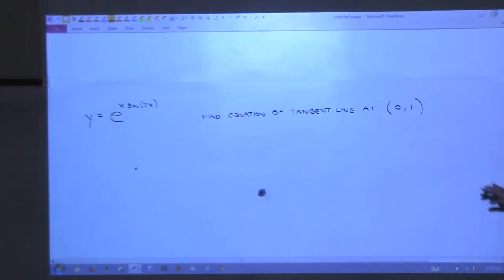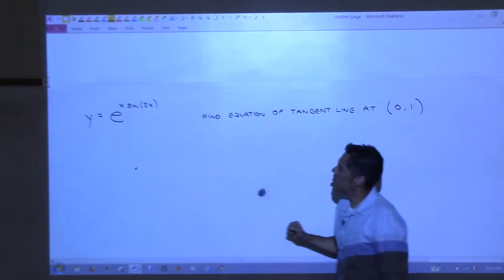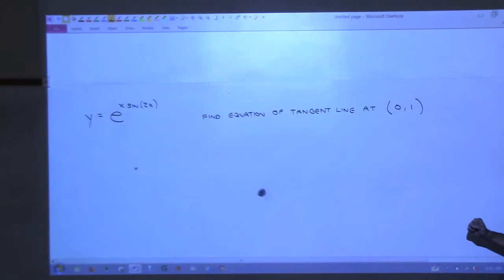So I claim that this point lives on this graph, and that if you were to graph it, you're going to have a tangent line there, and I want the equation of that tangent line.